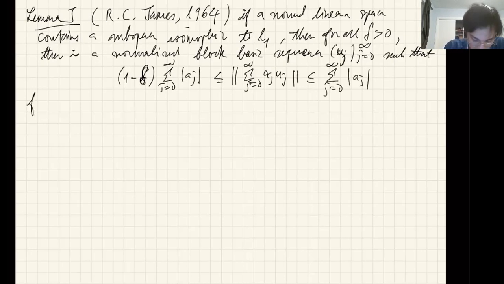Okay, and that's for all infinite sequences of scalars aj.